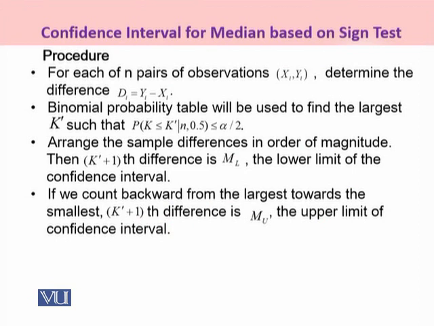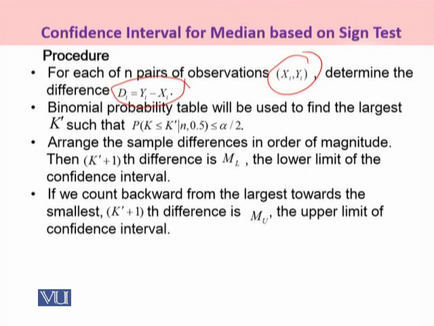Now, the procedure for finding the confidence interval for the median difference is this: for each of n pairs of observations (Xi, Yi), we determine the difference Di as Yi minus Xi.